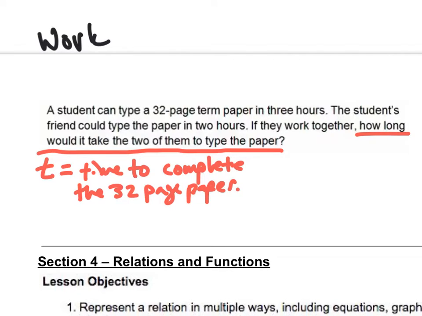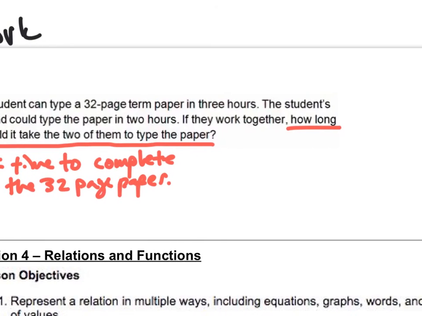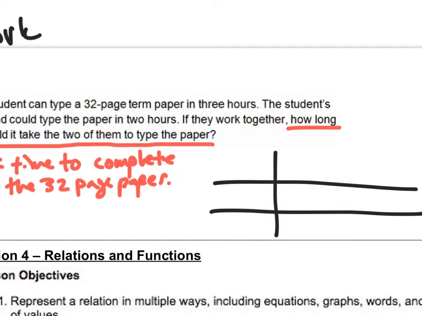All right, but we want to make a table. When you see that you have these work problems, then we want to make a table here. All right, so we've got the two people, we've got the student, and we've got the friend.